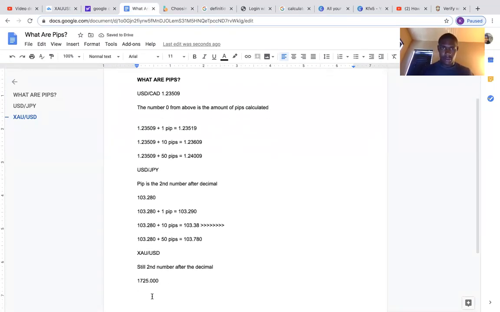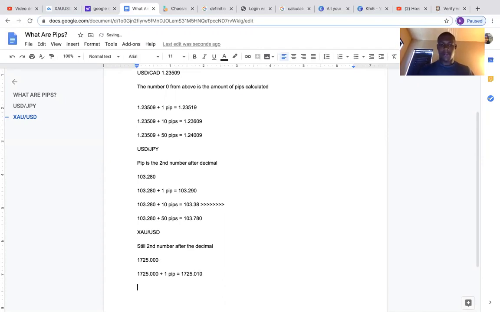Now let's say I wanted to do that plus 1 pip. 1725.000 plus 1 pip. Second number after the decimal, so this will equal 1725.010. See how that works?